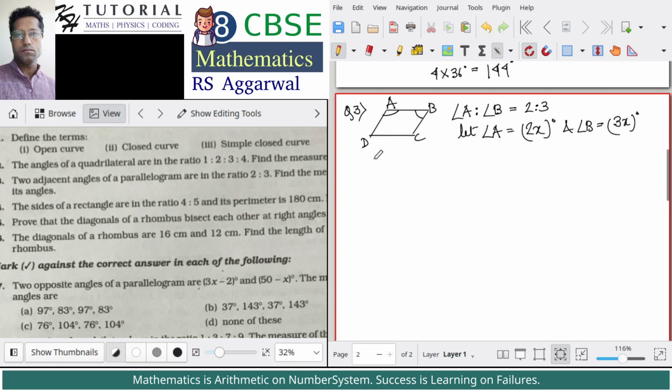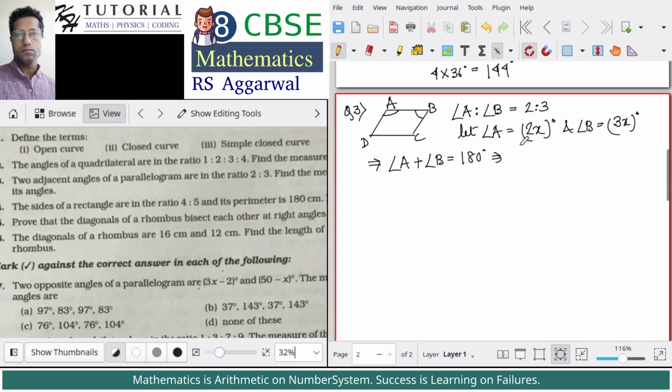Now, since angle A and angle B are a pair of adjacent angles in a parallelogram, the sum of a pair of adjacent angles is always 180 degree. So we must have angle A plus angle B equal to 180 degree.